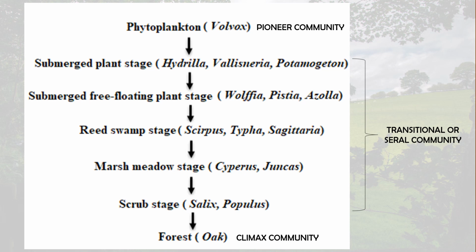Some examples are Pistia, Lemna, Azolla, Wolffia, Nymphaea, Lotus, etc. The decomposing organic matter formed due to death of these plants builds up the substratum more, and the floating species then disappear from that area after the death.